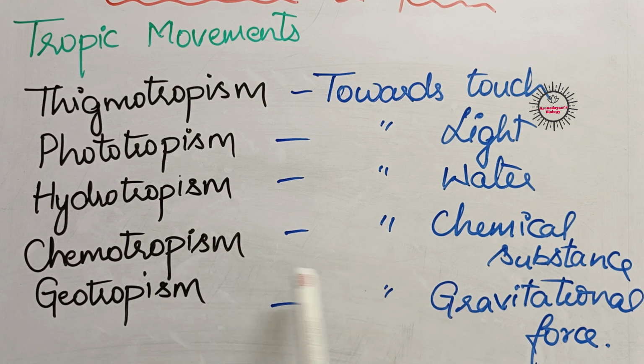Next, chemotropism, that means movement of a plant part towards a chemical substance. This we can observe in the stigma of a flower. When a pollen grain falls onto the stigma, the chemical substance present on the stigma is absorbed by the pollen grain, and it starts producing a pollen tube, which is important for the formation of the zygote, that is, for reproduction.